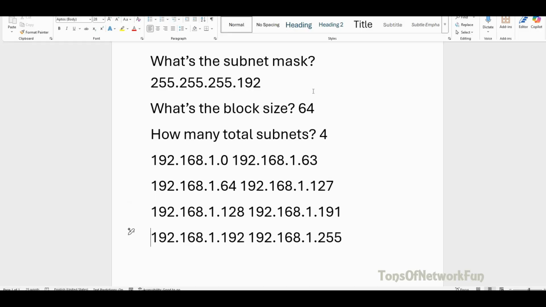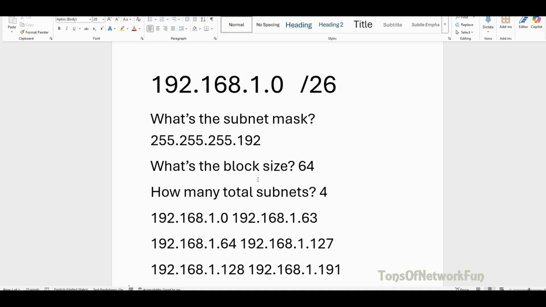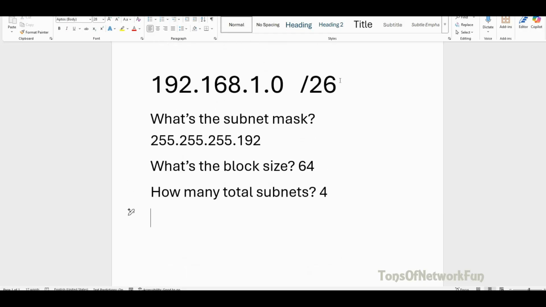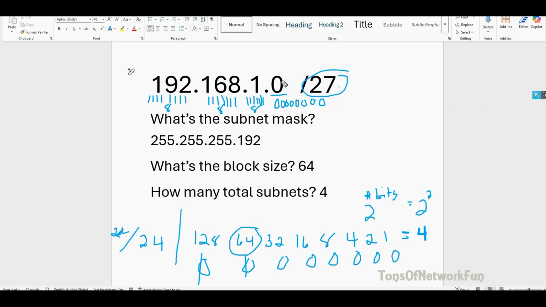So now let's change this to 27. Again, everything remains the same until the host part, right? So 255.255.255 remains the same. Now we have 27. That means we convert one more bit, right? So now the block size becomes 32, right?